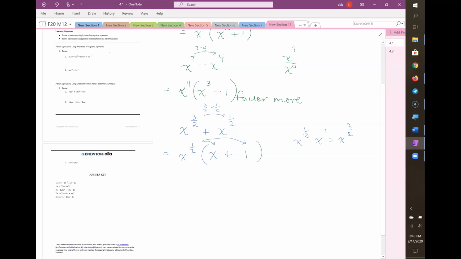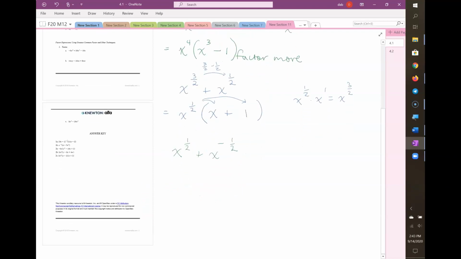Okay, so let's take it one step more complex, where we have x to the 1 half plus x to the negative 1 half. Same procedure, we factor out the x with the smallest exponent. So negative 1 half is smaller than 1 half.